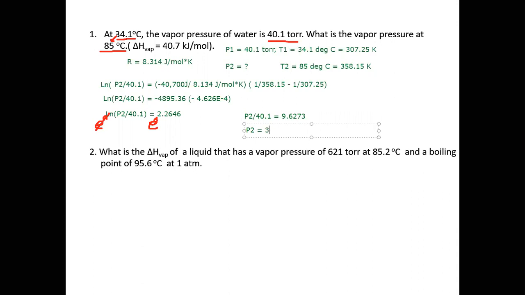Now to find P2, we multiply both sides by 40.1. And we get 386 torr. So our answer is greater than 40.1, so at least we're going in the right direction.